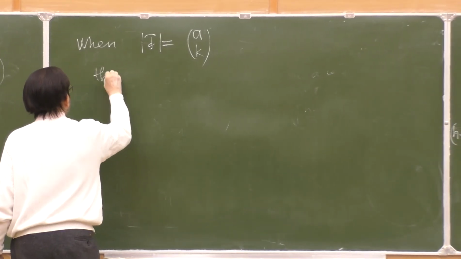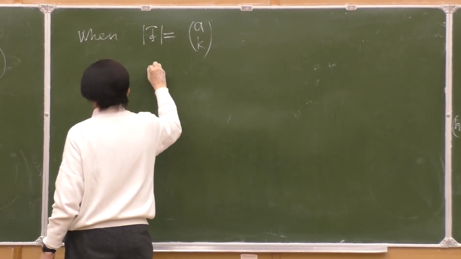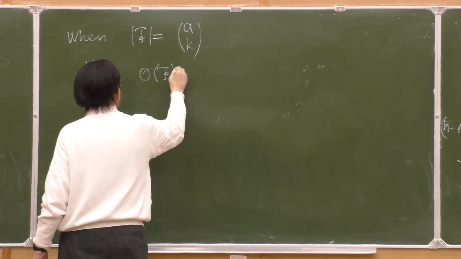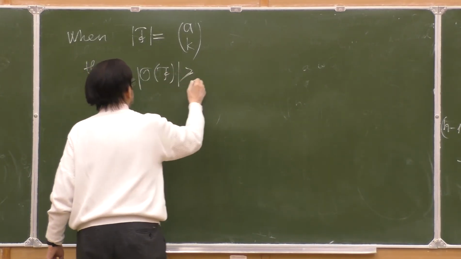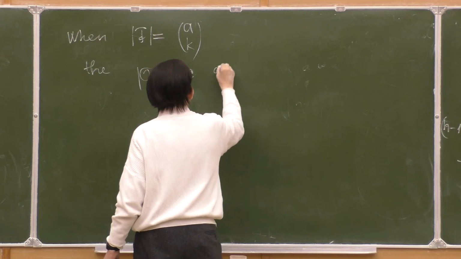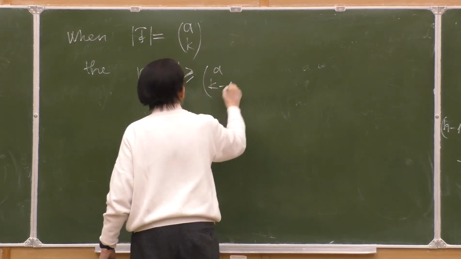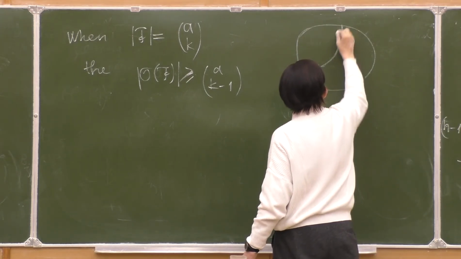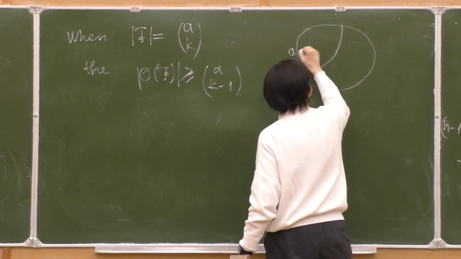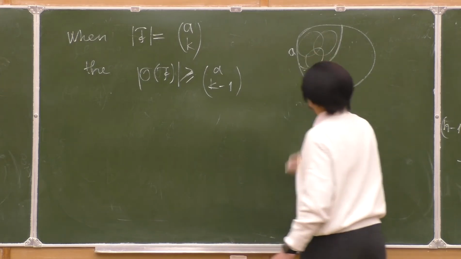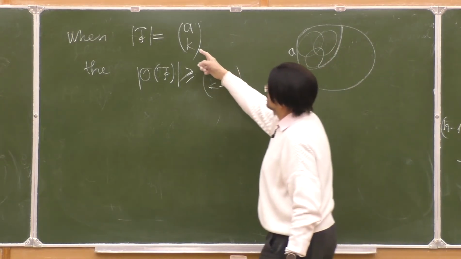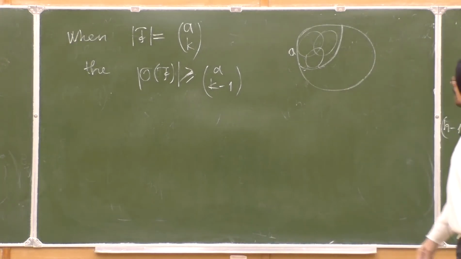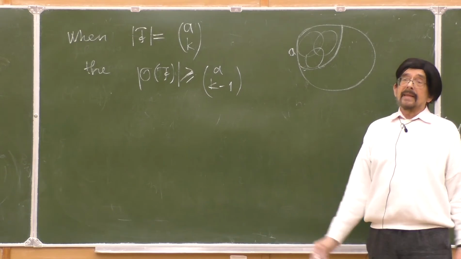Then you take an A element set and all K element subsets, and then deleting the elements one by one, you get all K minus 1 element sets.